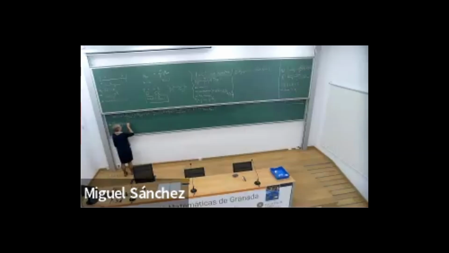I can take any g, which is a polynomial of degree less or equal than L. And then this is f(x) minus g(x) plus Q(f) minus Q(g)(x). Why this? Because g and Qg is the same.